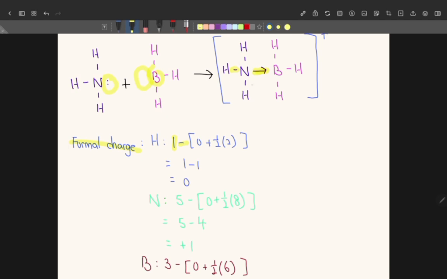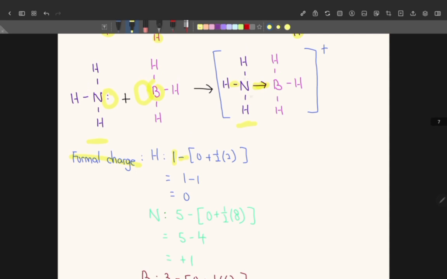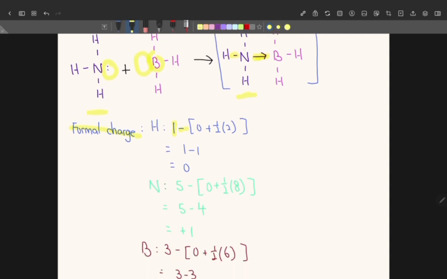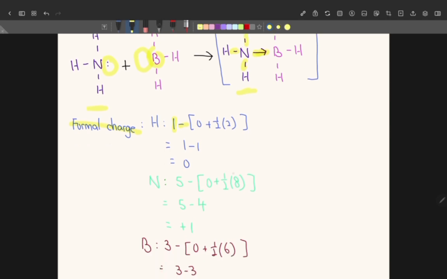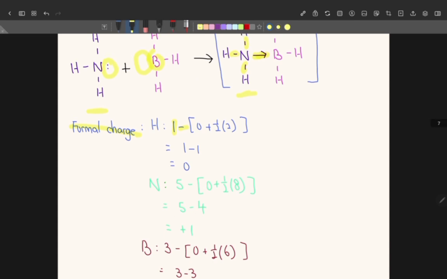You see the diagram in here, not here, because we want to find the formal charge of the product. So now N does not have the lone pair, and then plus 1/2 of 4 bonding pairs. 1, 2, 3, 4. 4 bonding pairs, so 4 times 2, 8 electrons. So 5 minus 4 is positive 1.